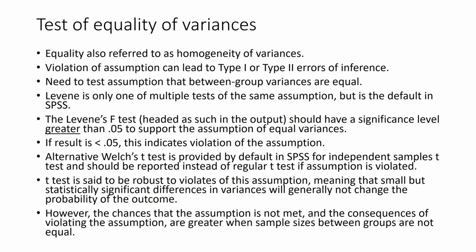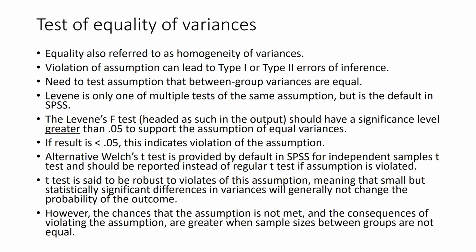And if you don't meet the assumption of the variance, then you have that problem. This is a reason to have equal sample sizes because the probability of not meeting the assumption of variances is greater when sample sizes are different.